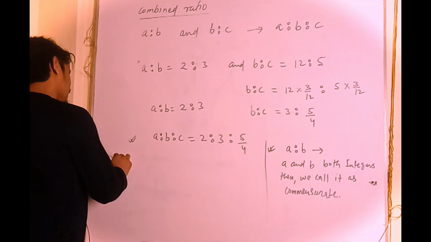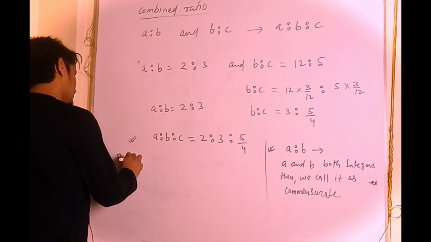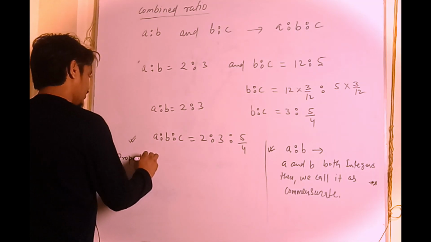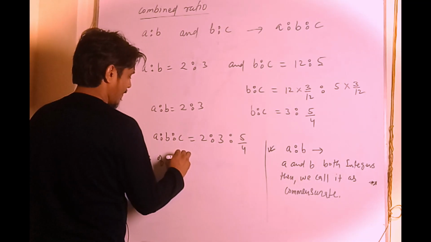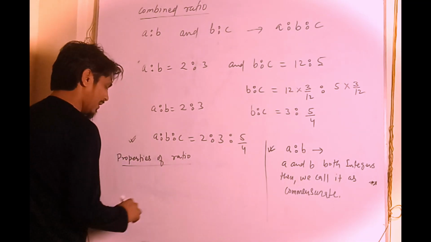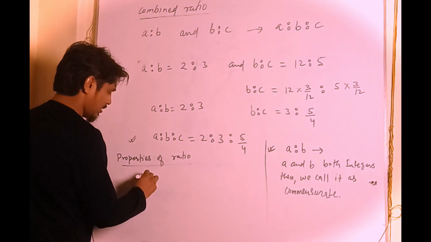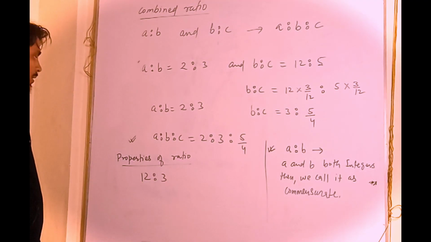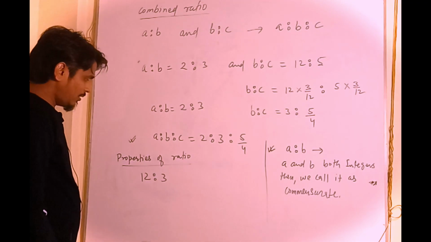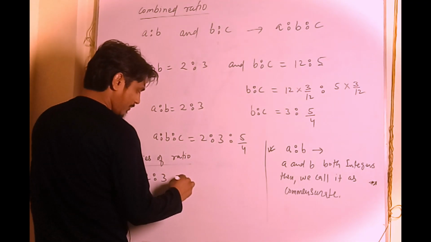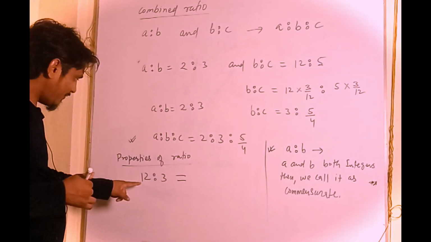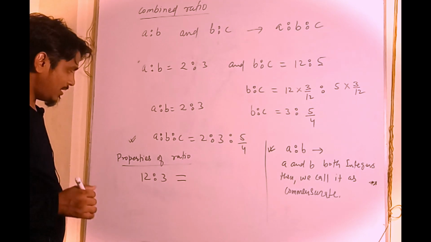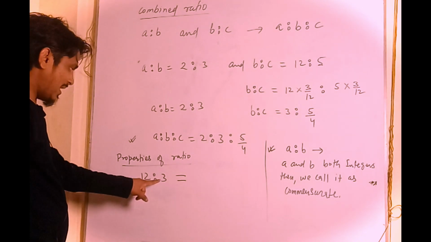Okay, so let's say we are talking about the properties of ratios. For example, I have given a ratio as 12 ratio 3. Here we can find that in the antecedent and consequent we have a common factor 3.